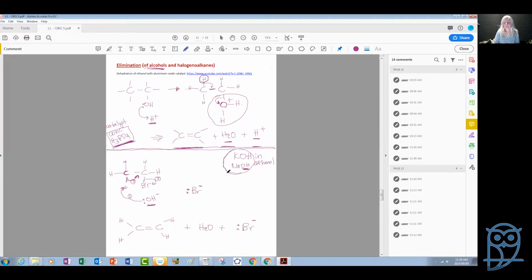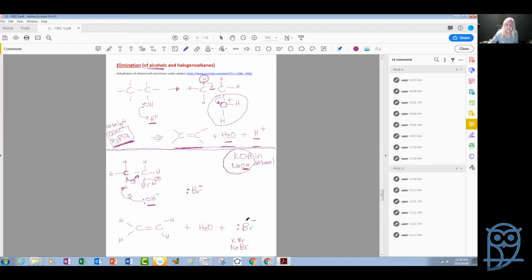Obviously, this bromide ion, depending on what kind of base we used here, which hydroxide, potassium or sodium, will come out in the form of either the potassium salt, potassium bromide, or sodium bromide, depending on what we used.